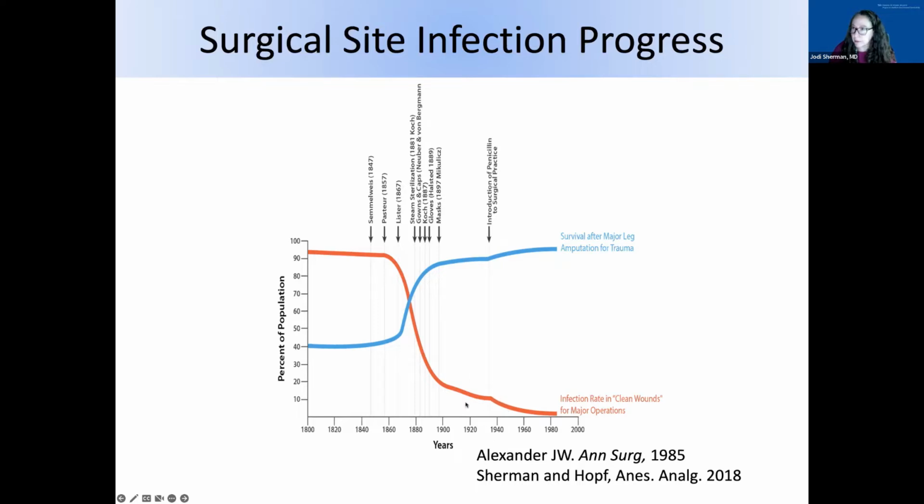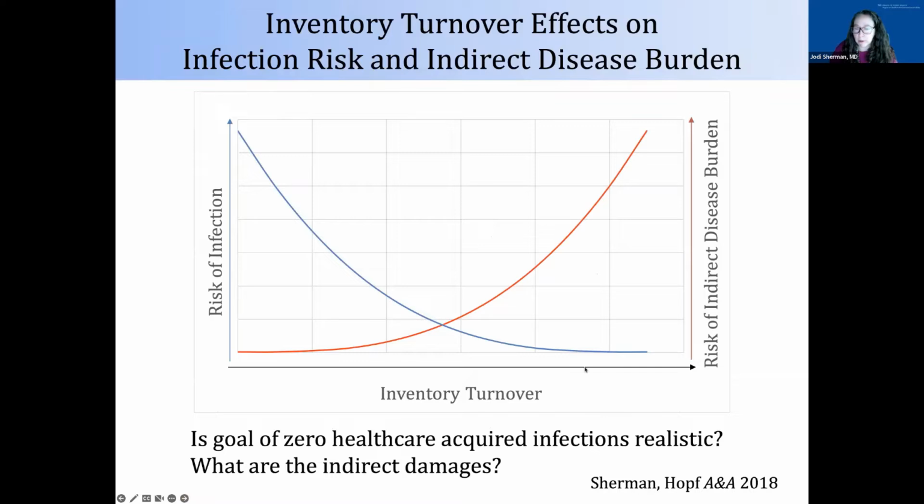Then around between the First and Second World War, the introduction of antibiotics, and now we are asymptotically approaching zero. You have about a 95% chance of survival, less than 5% chance of infection, and much even better than that. So we're asymptotically approaching zero infection rates, or aiming for zero harm being the big mantra. But we're throwing everything at it.